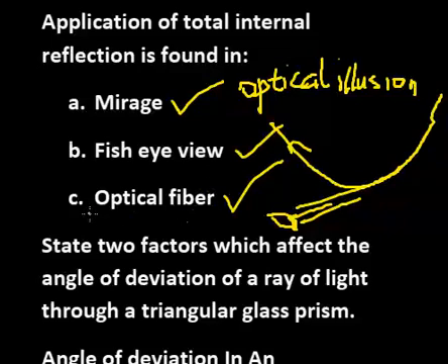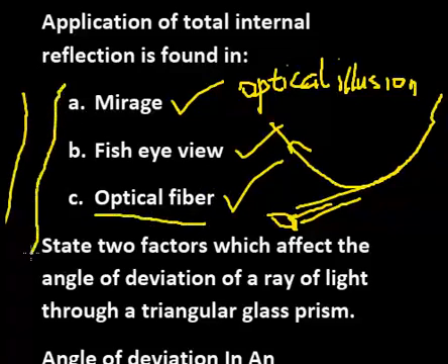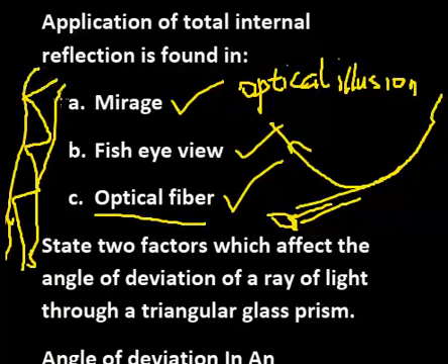Then we have optical fiber. Optical fiber is made up of a pipe of glass that can actually bend. One thing about the pipe of glass is that when light enters into it, it will be totally internally reflected. There are going to be multiple total internal reflections, which allow you to see around a corner.